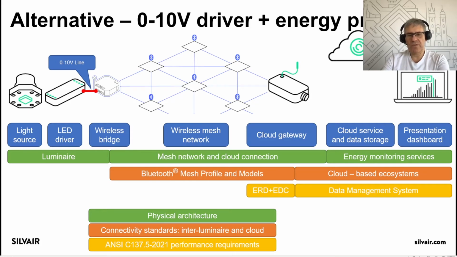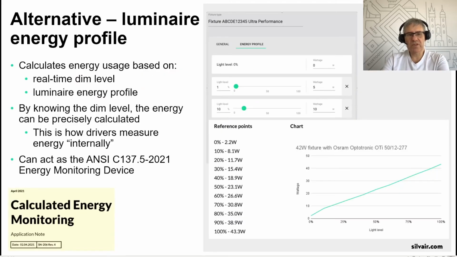The way it works is that the energy usage is based on real-time information on the dim level of the luminaire and on the luminaire energy profile. So what is this luminaire energy profile?